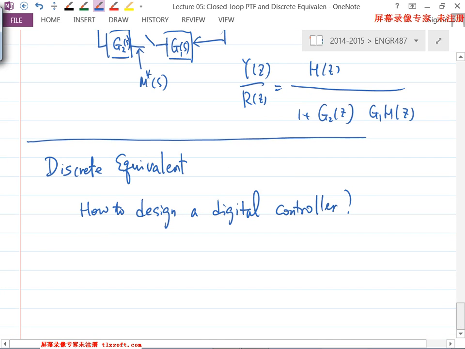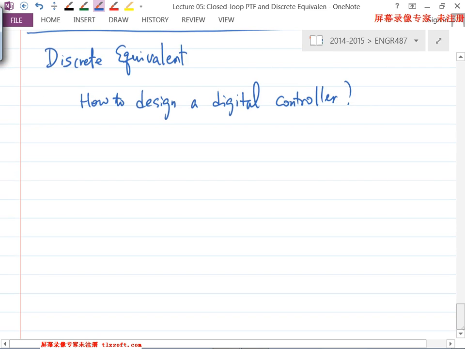But this model cannot be the same as the continuous model, because that is continuous time, while when you design a digital controller, it's all discrete. That is basically what we're going to learn. So I probably have to transform the continuous model into a discrete model. This is one thing that we're going to learn in the future. So if you have this continuous system, we're going to discretize that.